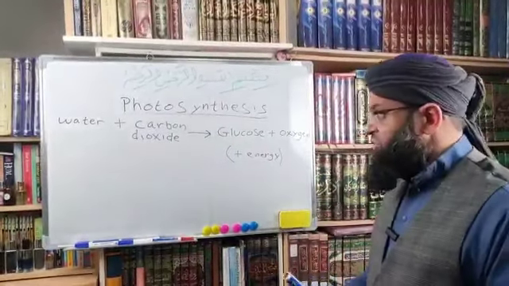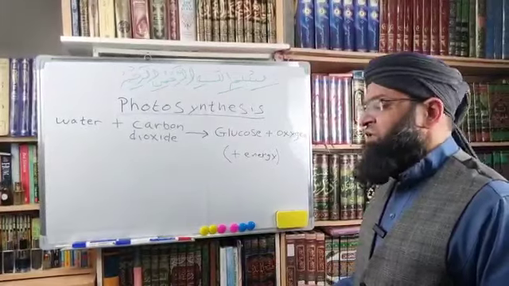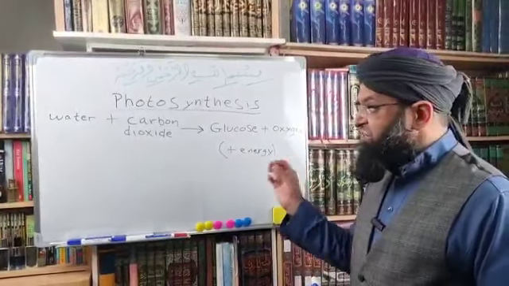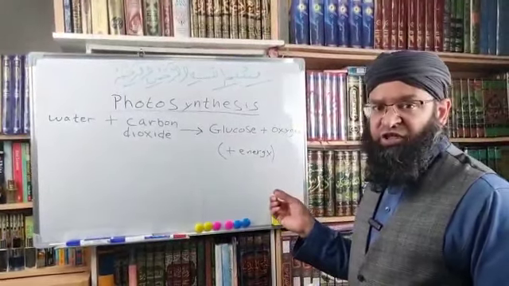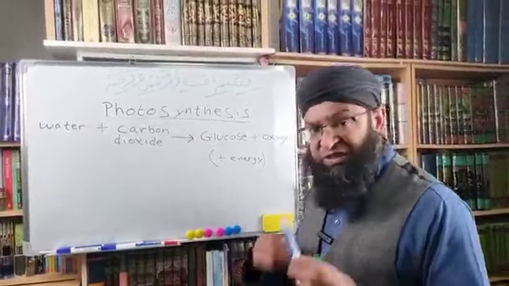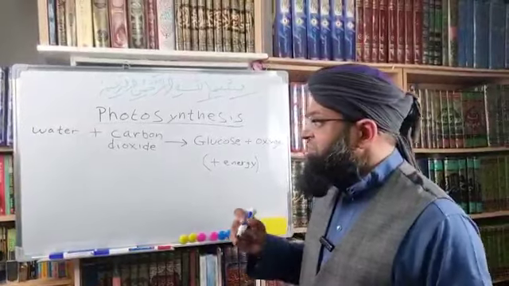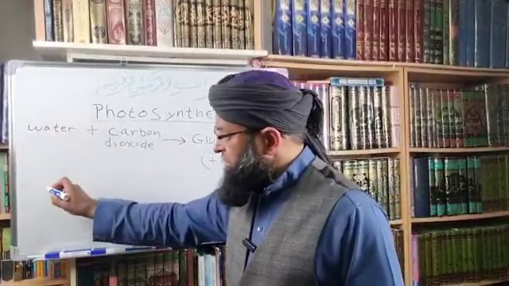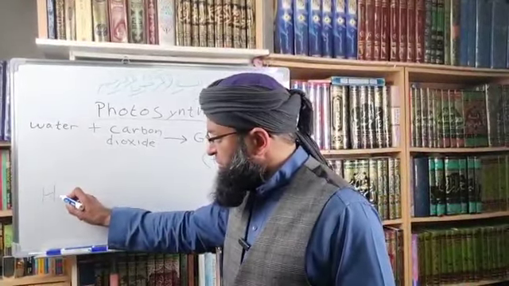Now, I'm going to teach you, inshallah, a methodology on how to remember the balanced symbol equation for photosynthesis. I want you to say this along with me with a pen and paper, but say it out loud so you can hear yourself. Water, which most of us should know, has the chemical symbol H2O.